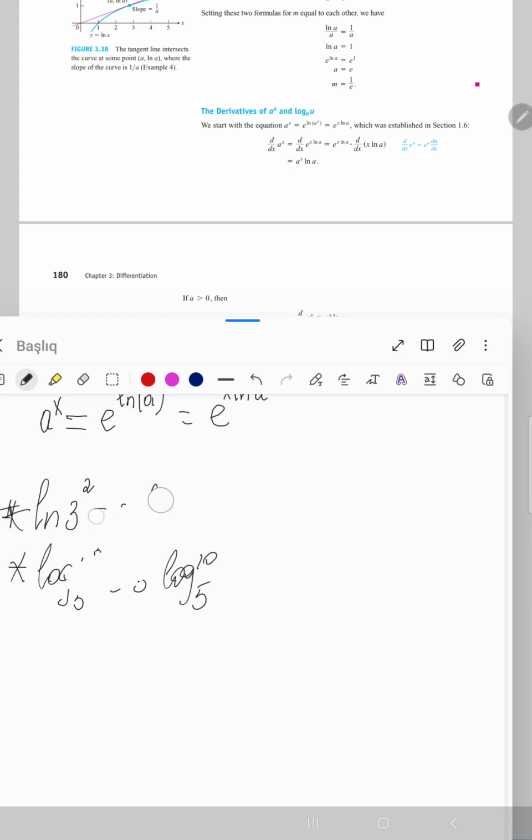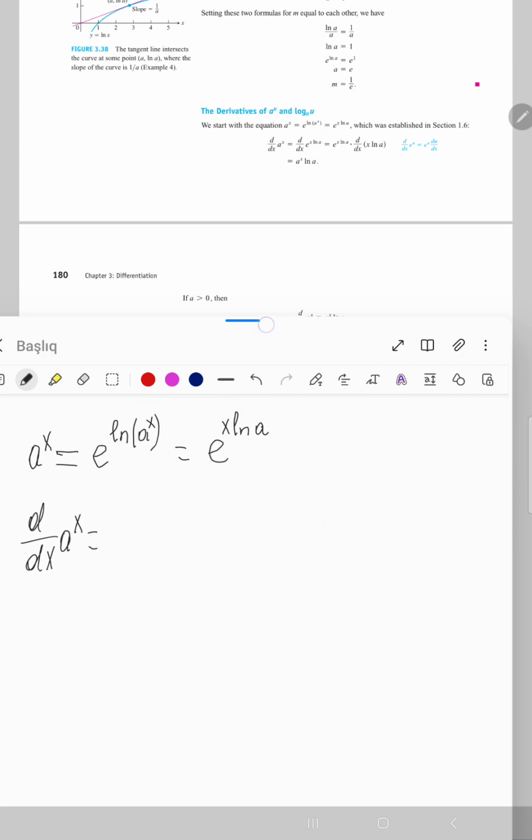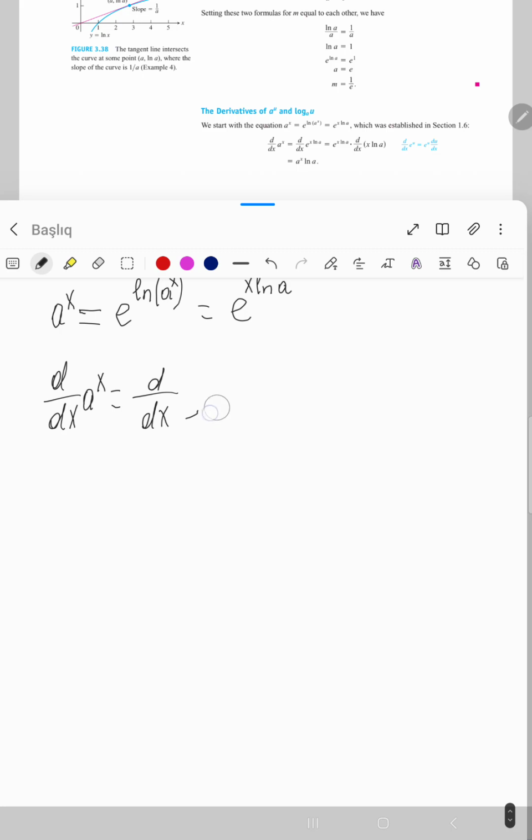Let me delete the unnecessary parts. So the derivative of a to the power of x equals the derivative of the right part, e to the power of x ln a.